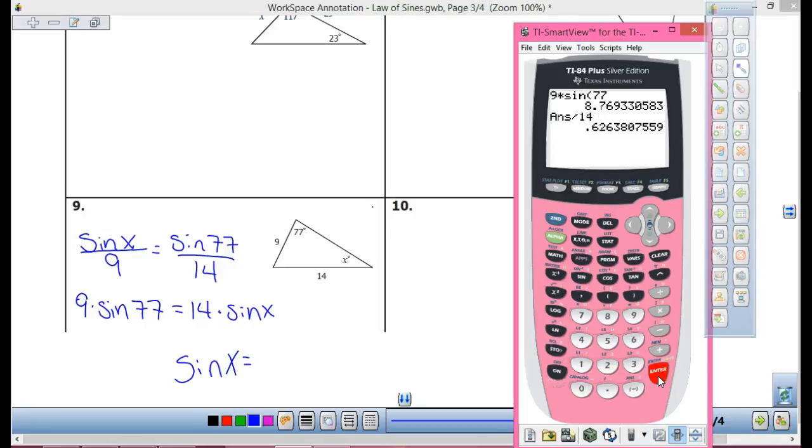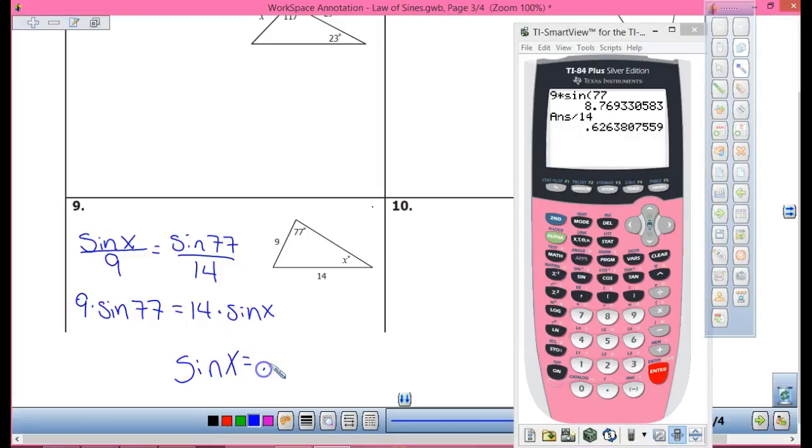So what's going to happen is I'm going to have sine of x equals, so what am I dividing by? 14. Now, when you do this, right now I need you to listen. This part right here needs to be in at least 4 decimal places when you plug it in, because we're going to have sine of x equals 0.6264. You are going to need to write this number down.